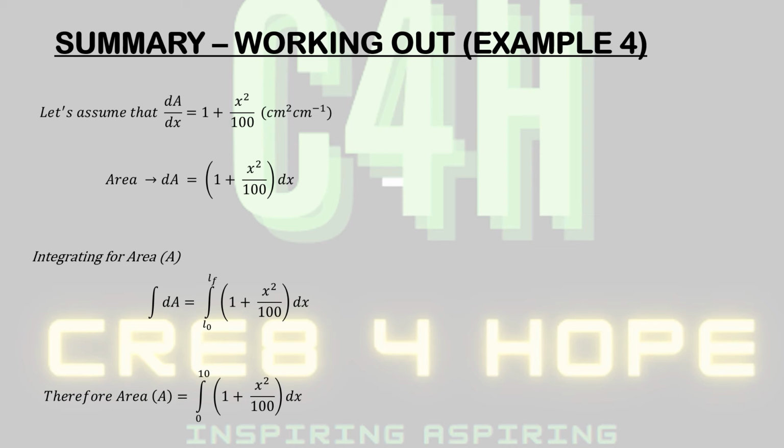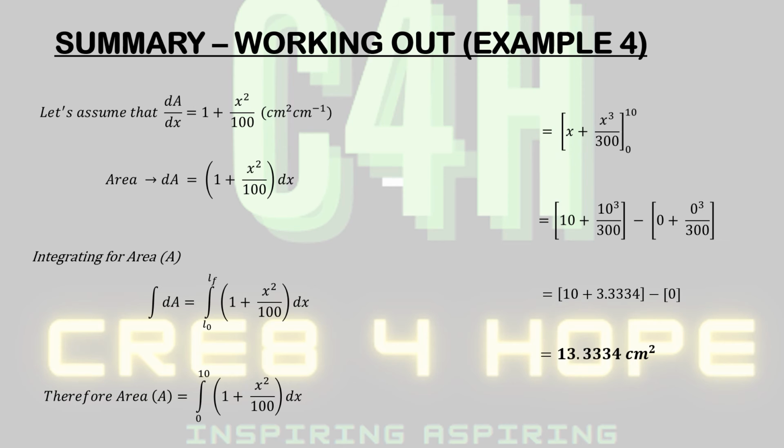Okay, so therefore the area, if we integrate, will be equal to x plus x cubed over 300, okay, with limits ranging from 0 to 10. So if we substitute our limits into the equation, we end up having a value of 13.333 recurring cm squared.